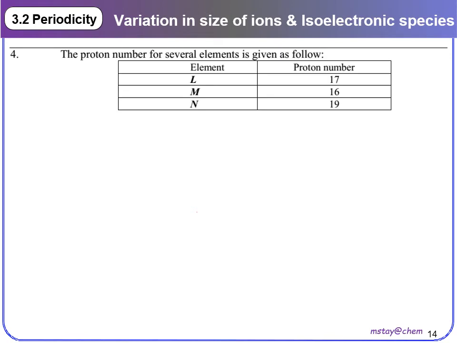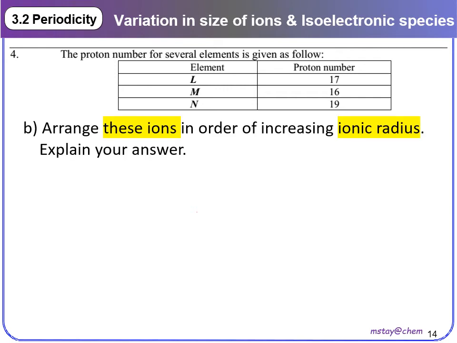Okay, let's continue with the tutorial questions. Previously, question number 4, now we are going to complete part B: arrange these ions in order of increasing ionic radius. In part A, we already have the ions. L is L negative, M is M2 negative, and N is N positive.